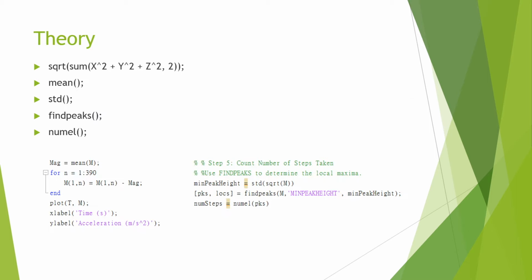Here is the theory that we use to calculate the footsteps. First, we find the scale of the x, y, z data. Then we use the MEAN function to eliminate the gravity effect.